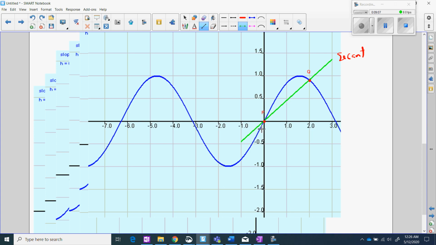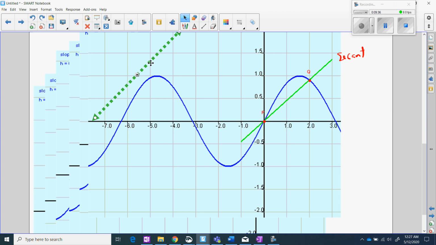If I was to draw a tangent line at this point right here, point P, well, it would look something like that. I'm assuming you know what I mean by a tangent, so maybe I'll just bring this out here for a second. Here's an example of a tangent. Let's just twist this around a little bit better. A tangent to a graph is a line that just touches it.